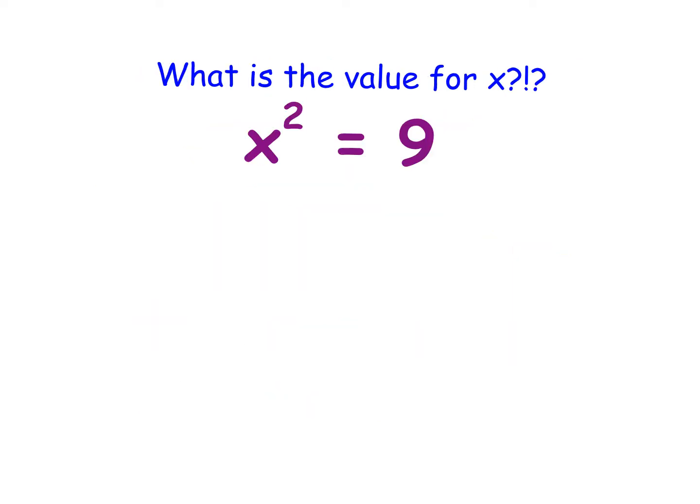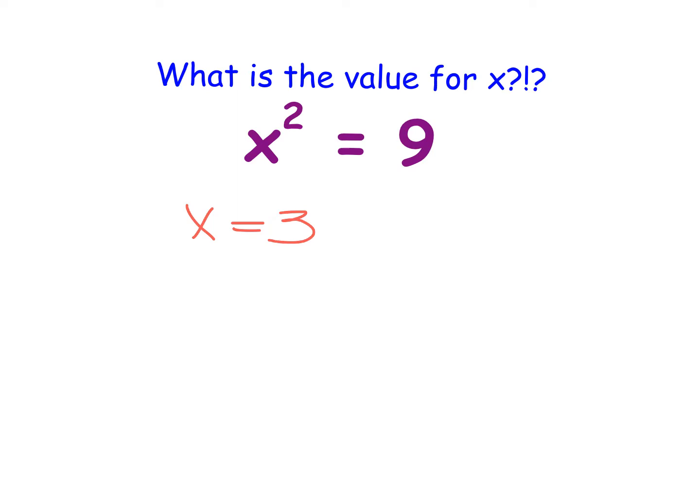To start learning about square roots, let's look at the following. Here we see that we have x squared is equal to 9. Most students are off the bat already able to tell me that x squared is equal to 9, and I know that one value that makes that true is x is equal to 3. And then at this point, I tell the students to think a little bit more outside the box.